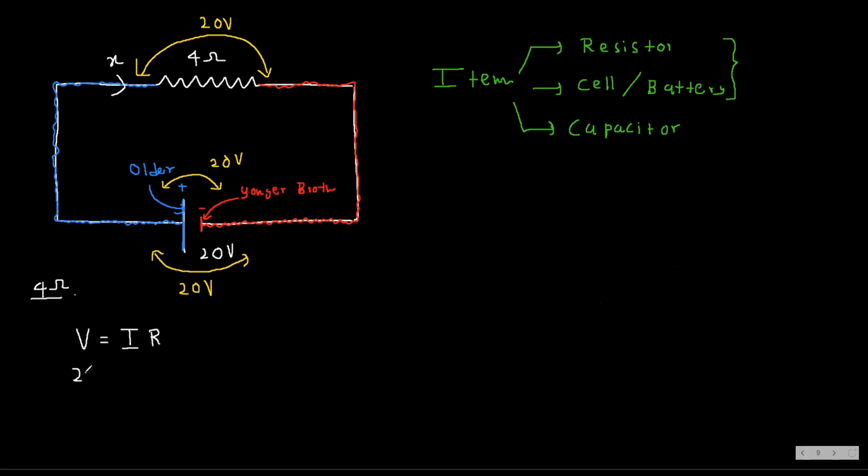V is equal to 20, I is simply X, and R is 4 ohms. What is the current through the resistor? 5 ampere. Yes, it's 5 ampere. Is it clear for everyone or not?